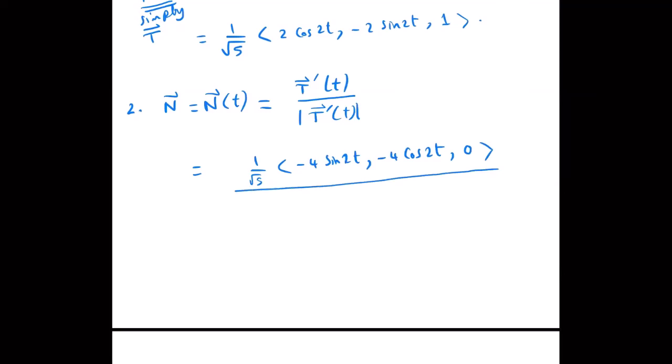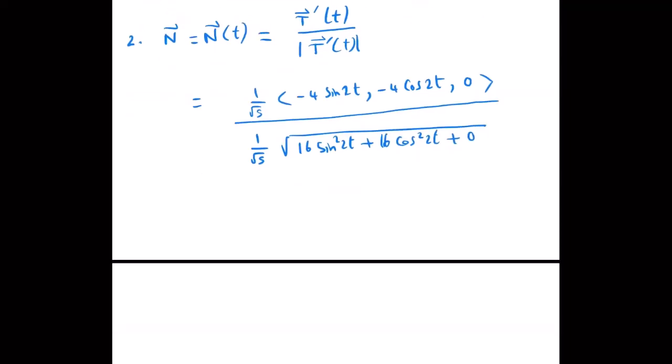This is T prime of t. We divide by its norm. Its norm is 1 over root 5 times the square root of the squares of every component added together: 16 sine square 2t plus 16 cosine square 2t plus 0 square, which is 0. Clearly, we get some simplification here, and again we meet this identity.